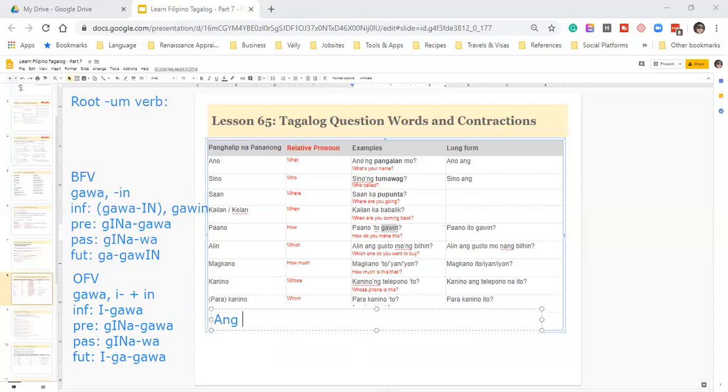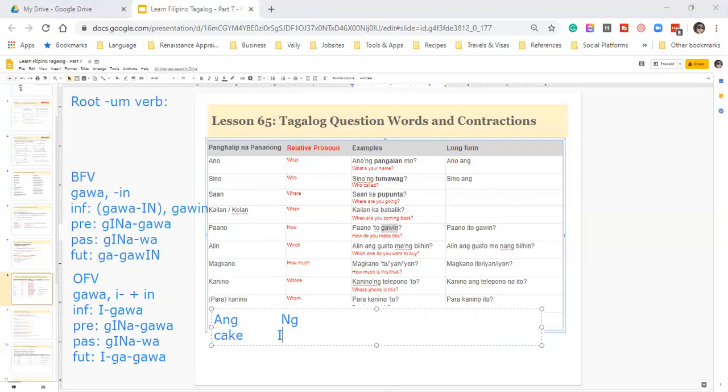So your ang case, let's say your ang case, because this is for OFV, we're gonna say cake. And then your nang case would be ikaw.